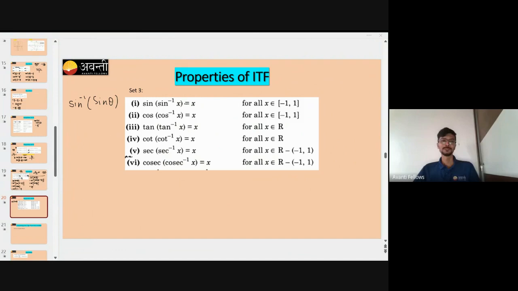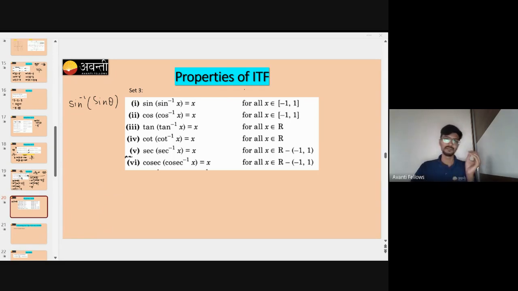Now it is very simple. We have studied this so many times. The domain of sine inverse is from -1 to 1. Same is for cos. Tan and cot are all real numbers. Sec and cosec are less than -1 and greater than 1. This we hardly use, so it's not that important.